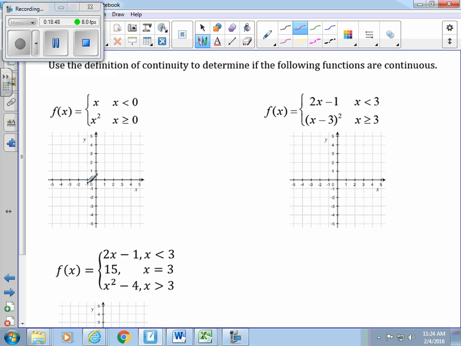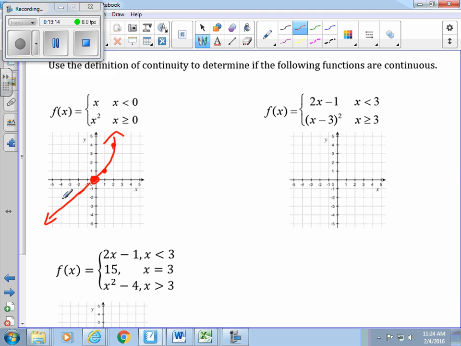When x is less than 0, I have the line y equals x. So from here back, I have the line y equals x. And then from here on, I have a parabola, x squared. At 0, what's the parabola? 0. So now that I've drawn the picture, is this continuous?